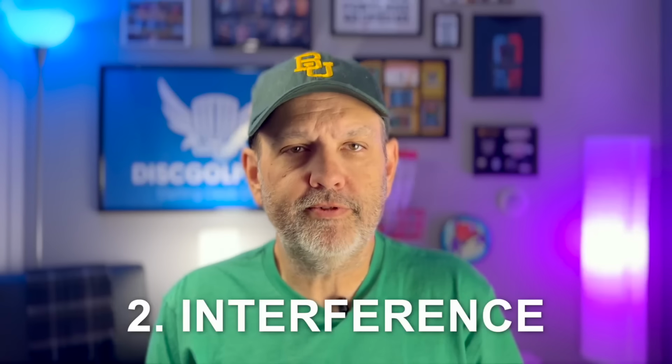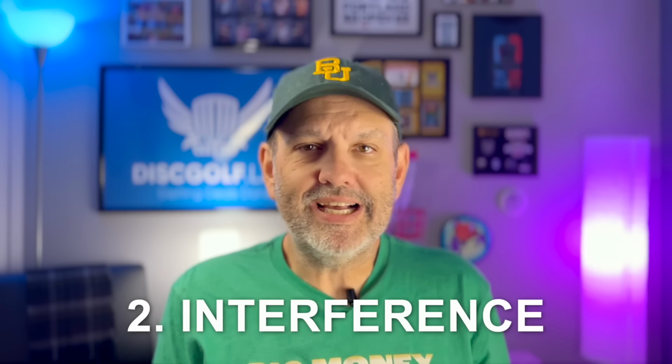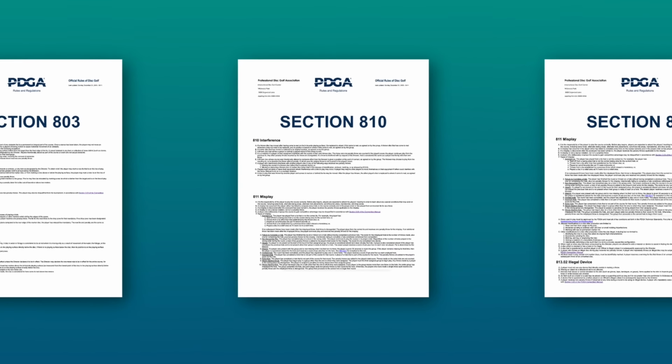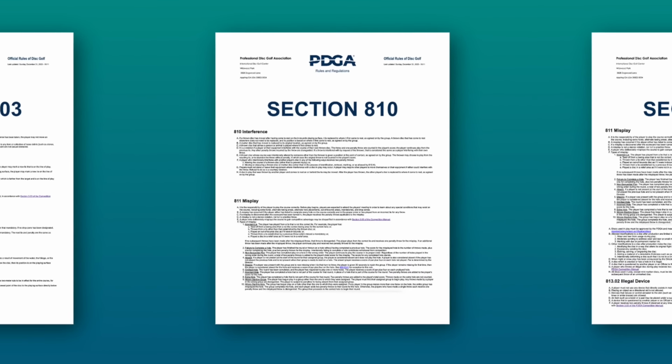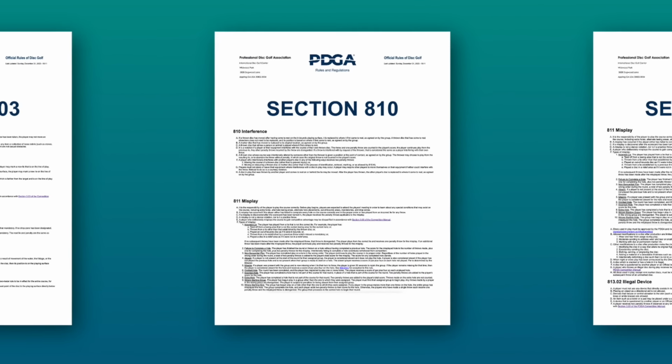Okay, what about interference? You'll most likely never be in a situation where you would need to reference section 810 of the rule book, but knowing what to do when your disc is interfered with could make a big difference in your score.